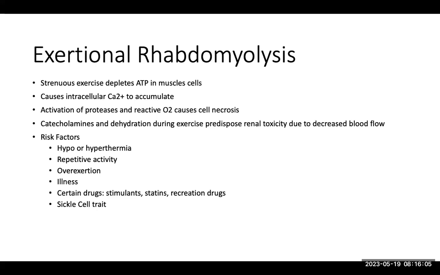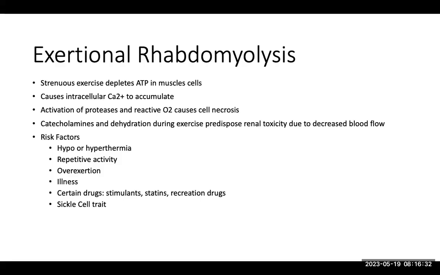Risk and confounding factors that increase your risk of rhabdo include hypo- or hyperthermia. If you do a repetitive activity, there's often an eccentric load that increases the likelihood. If you're overexerting yourself, especially if you're new to a particular volume of exercise or increased intensity or duration, or if you are ill at baseline with a bacterial or viral illness, this increases your risk.